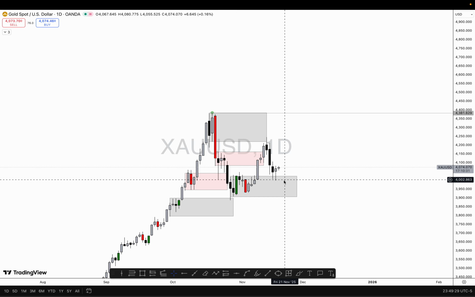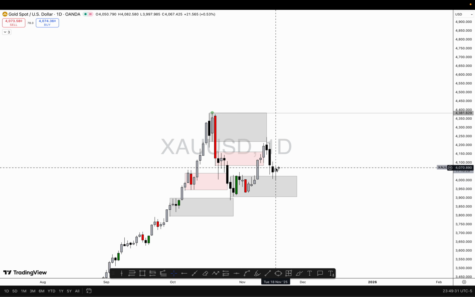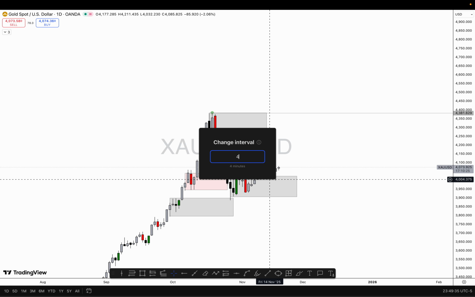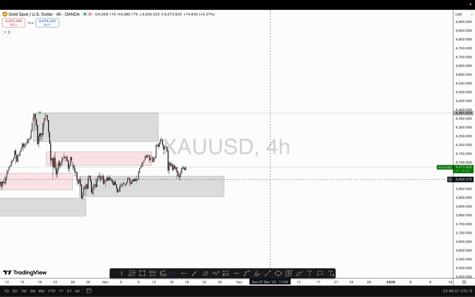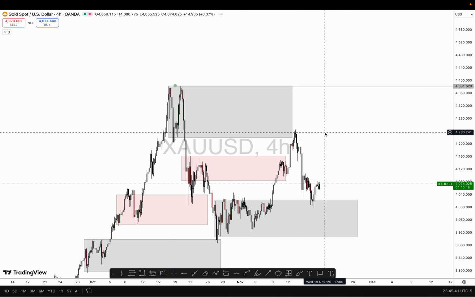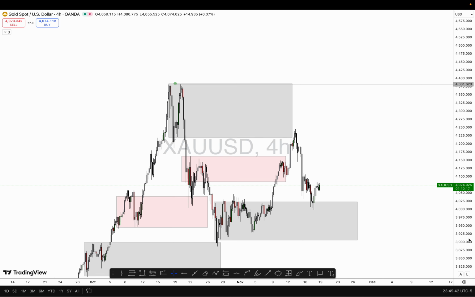Now, taking into consideration we're just coming off of daily demand, let's look at the 4-hour. So on the 4-hour time frame, the market came down.